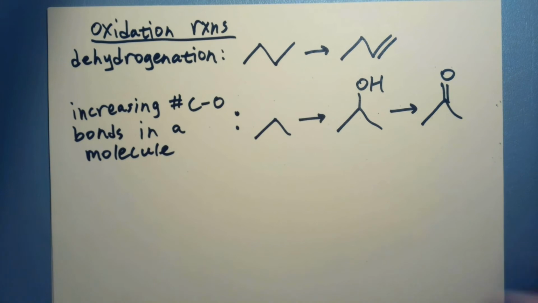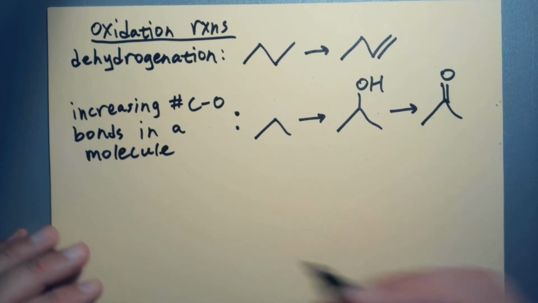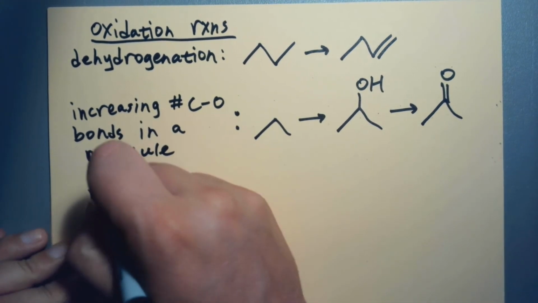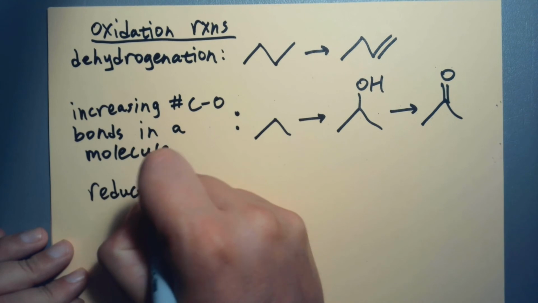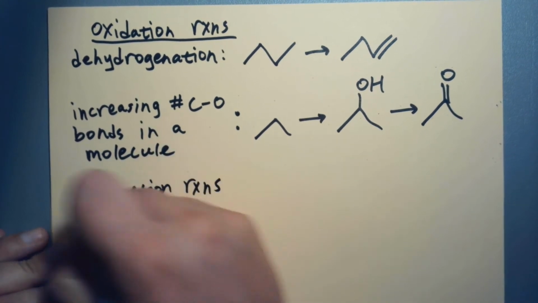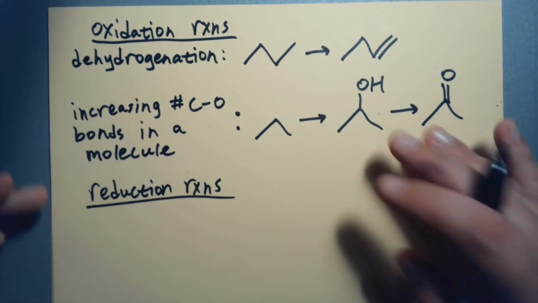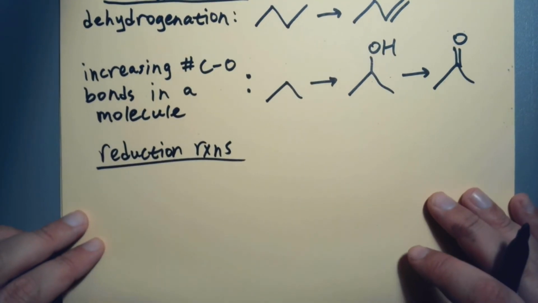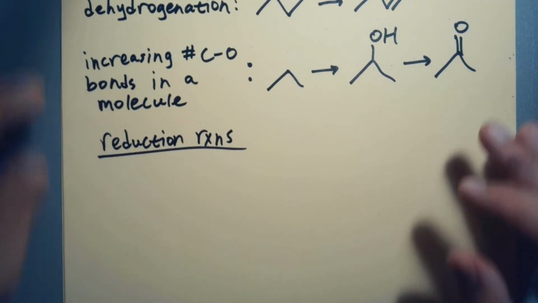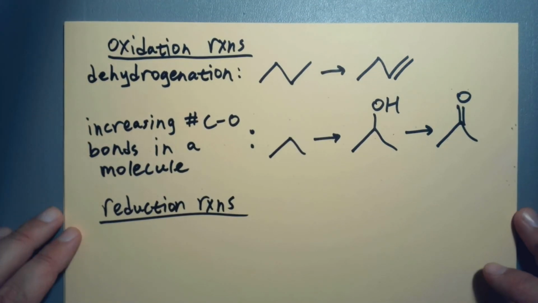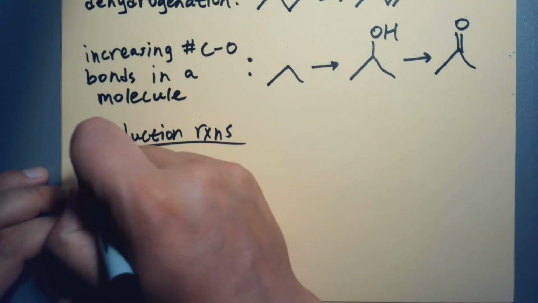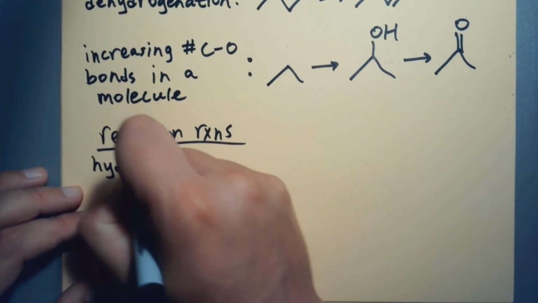So what is the opposite of this going to look like? What would a reduction reaction look like? Well, I could be really lazy and just draw these arrows going the other way, and that would fit down here. But the first type of reduction reaction, what's the opposite of dehydrogenation? Well, it's going to be hydrogenation.